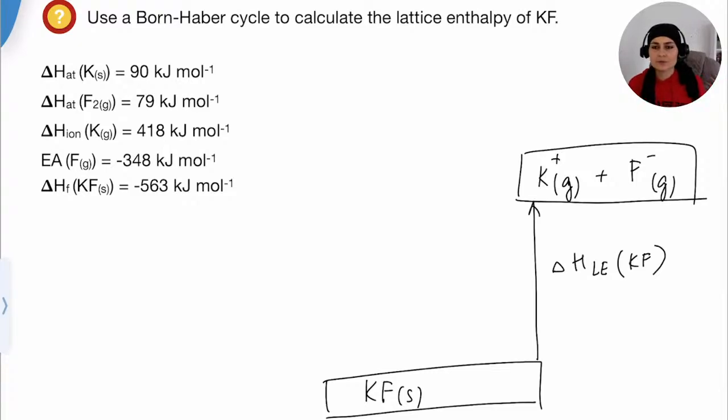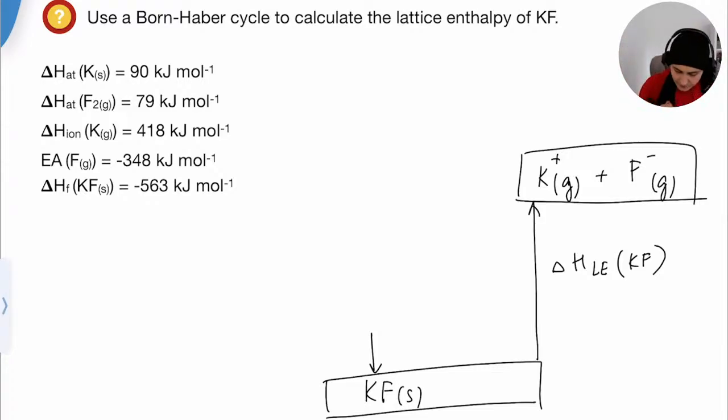And now I will build my indirect route. So I start off by writing formation enthalpy. You see it's negative. That's why arrow down. Well, not arrow down, but the reactants would have higher energy than KF.